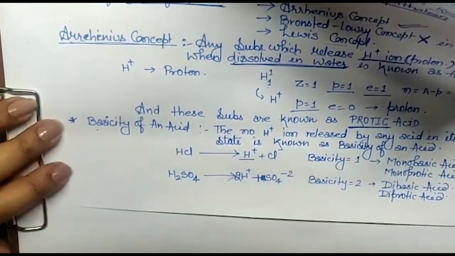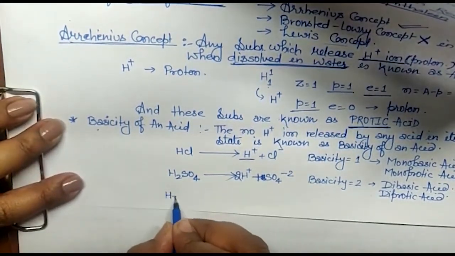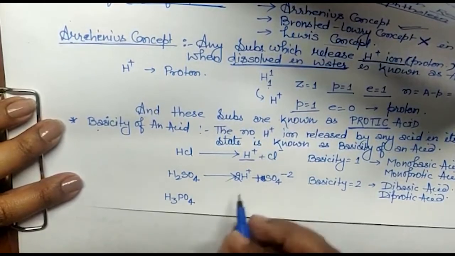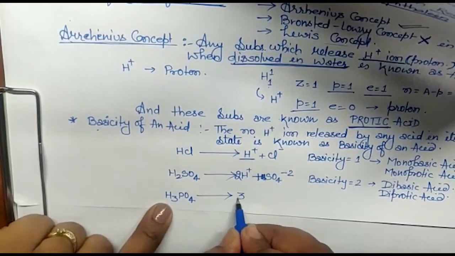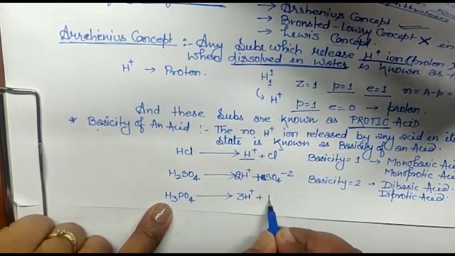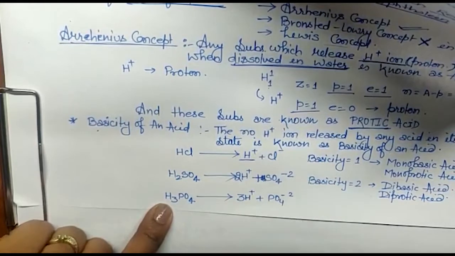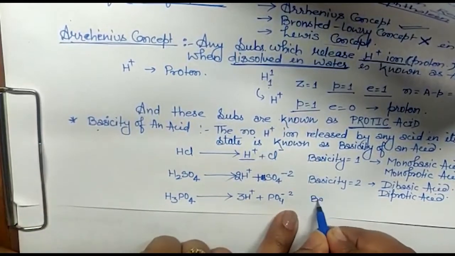Clear? Third example, let me do H3PO4. If we dissolve it, it will give 3H+ plus PO4 3-, isn't it? So what is the basicity here?